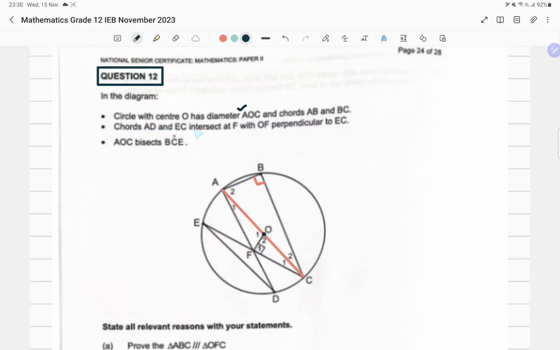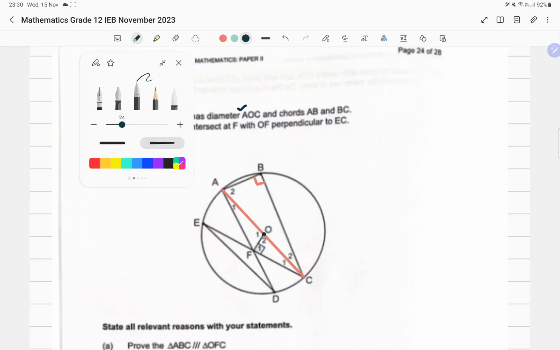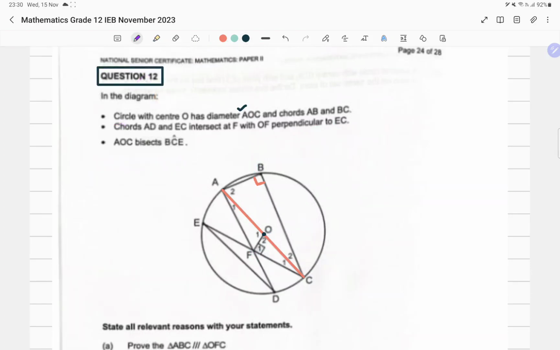Chords AD and EC intersect at F. Okay, with OF perpendicular to EC. OF. So can you see this is the line from center, and it's perpendicular to chord FC. So what does that mean?